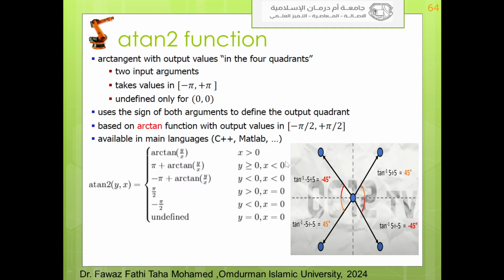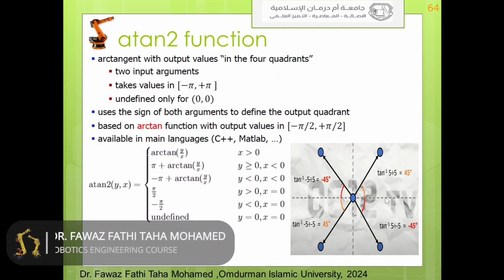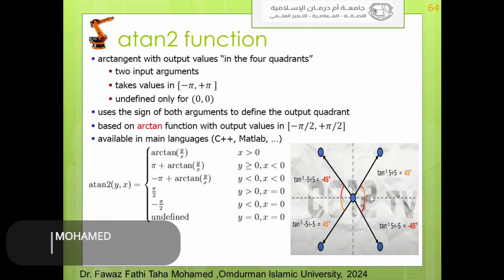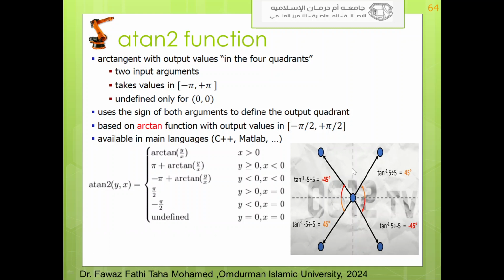This is similar to the real position of this vector. This vector is located at 45 and this vector is located at minus 45, because the x-axis is used as a zero reference, and each angle is calculated with respect to this zero reference.